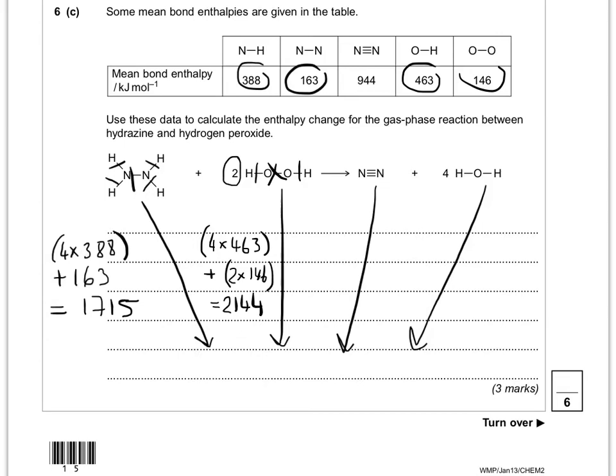And that gives us 2,144. You then got one NN triple bond, which has a bond enthalpy of 944, and then you got 1, 2 OH bonds, but times that by 4 because there's 4 water molecules, so 8 times 463, which equals 3704.